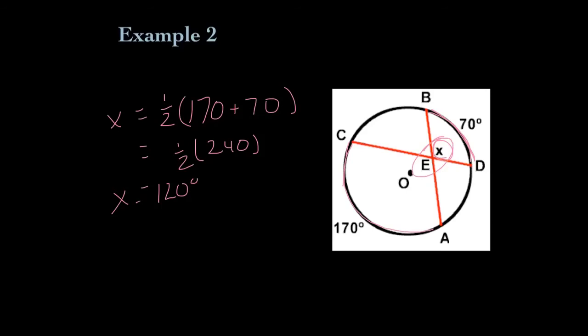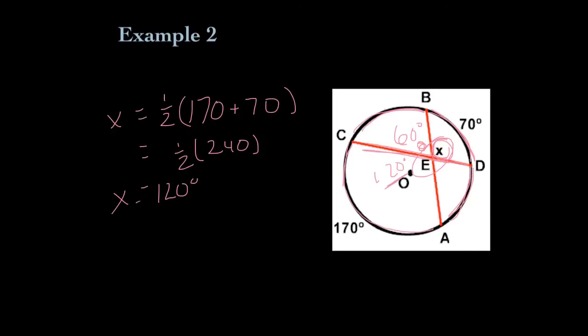If I want to solve for the other side, I could use these 2 arcs, but I'm not given measurements. Or I could use the fact that this is a straight line and subtract my 120 from 180, and I would get 60 degrees. So if this is 120, this is 60.